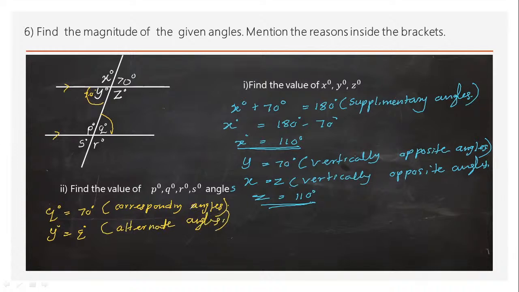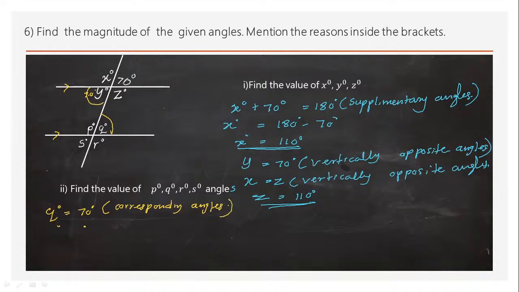We got y equals 70, so q also 70. Earlier also we got it. That way also we can get the value for q. If you use corresponding or alternate, then you can get the correct answer.